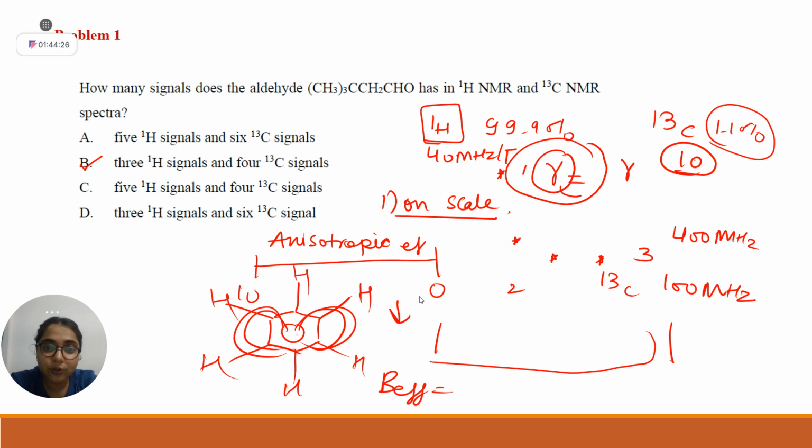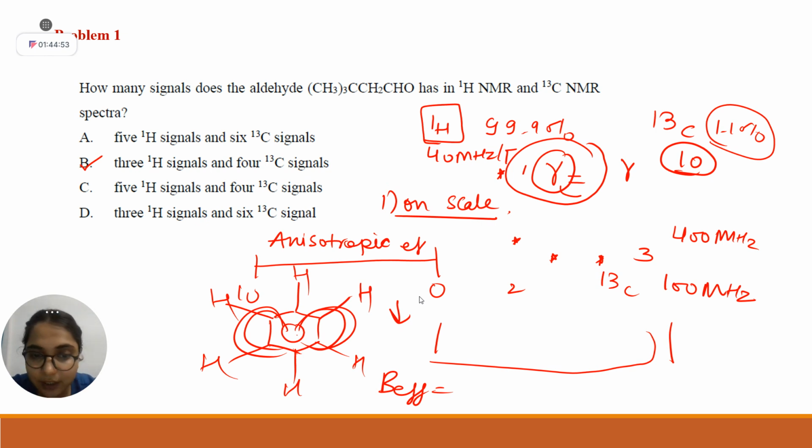So these protons become de-shielded, meaning they are not in the electron density of the benzene ring. You can shield a nucleus with the presence of electrons.